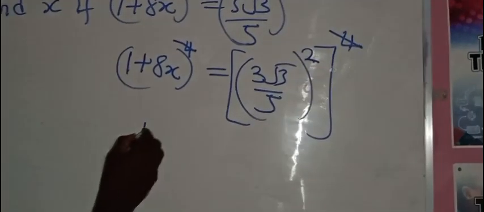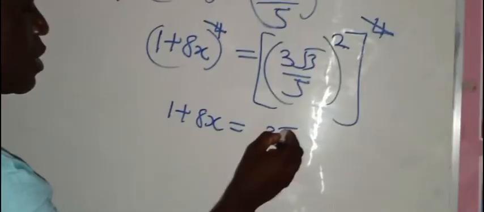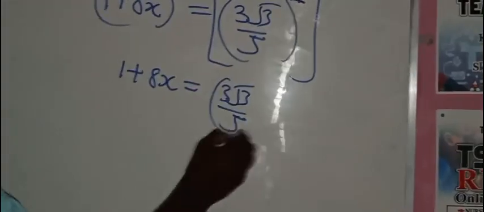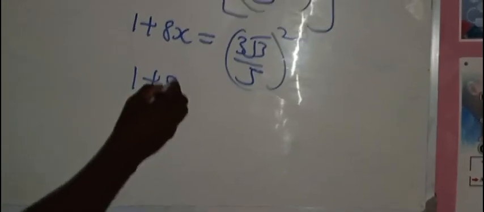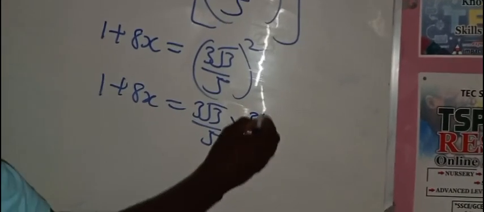So you now have 1 plus 8x equals (3 root 3 over 5) raised to the power 2. The meaning of this is 3 root 3 over 5 times 3 root 3 over 5.